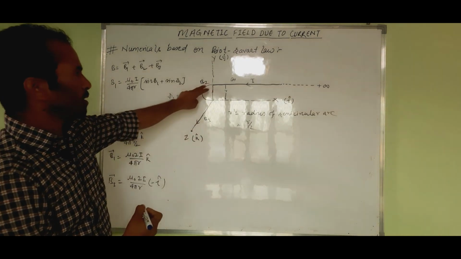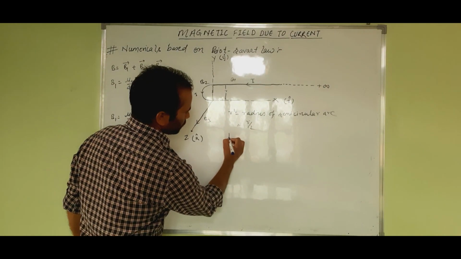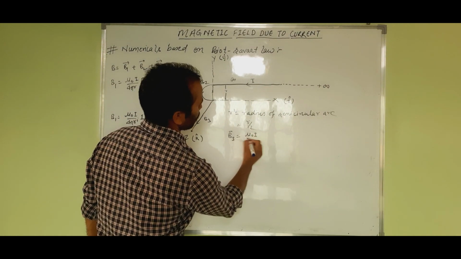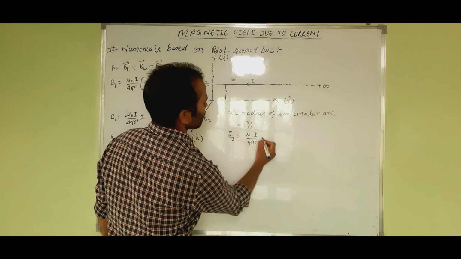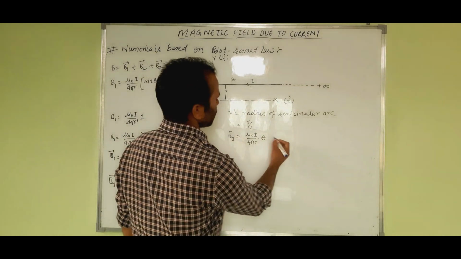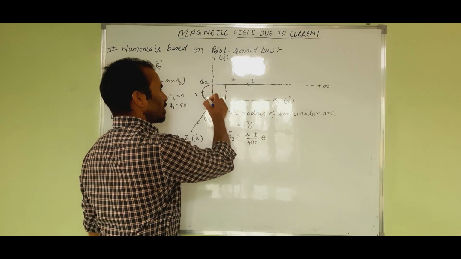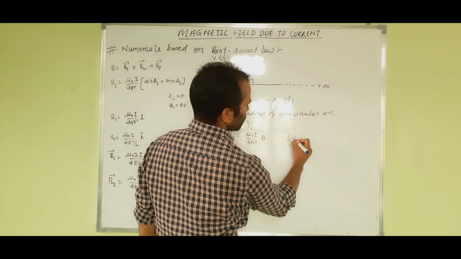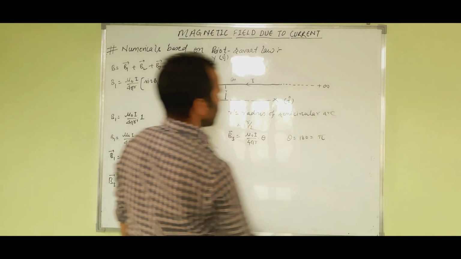So what will be the magnetic field due to this semicircular arc? We know that B2 is mu naught I upon 4 pi r into theta, as we have seen in a previous example. Theta here is in radians, because this arc subtends an angle of 180 degrees at the center, which can be written as pi in radians.